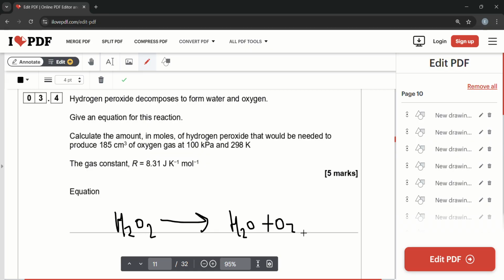And we've got 2 hydrogens here, 3 oxygens here on the right hand side.